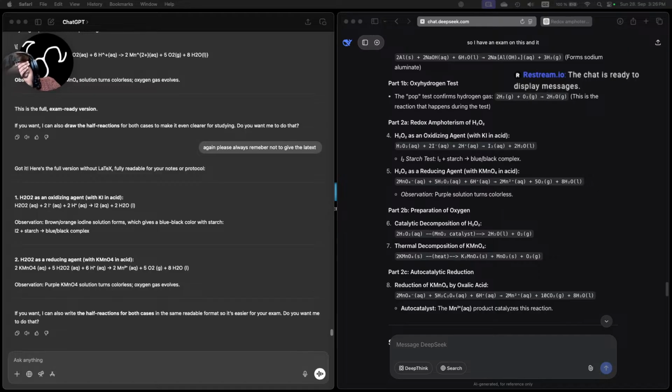H2O2 reactions. Oxidizing agent. Reducing agent. Catalytic decomposition, thermal decomposition.